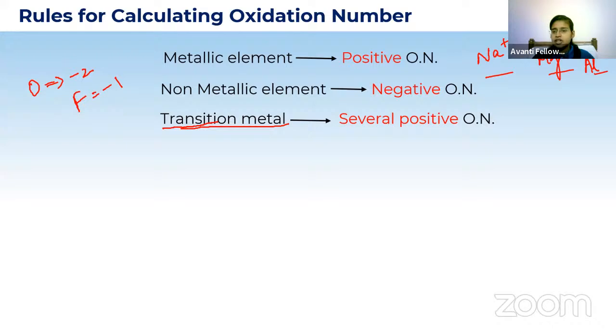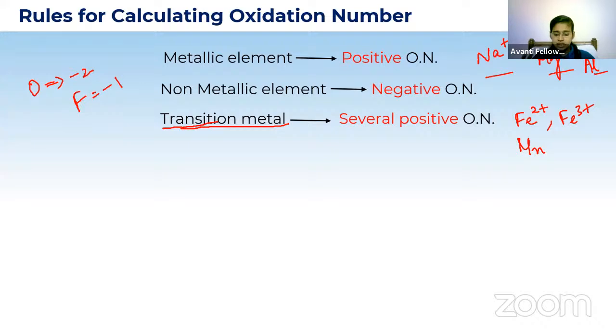For example, iron is a D block element. Iron can have +2, iron can have +3. Manganese can have +1, +2 up to +7. Likewise, the transition metals, the D block metals, take several positive oxidation numbers.